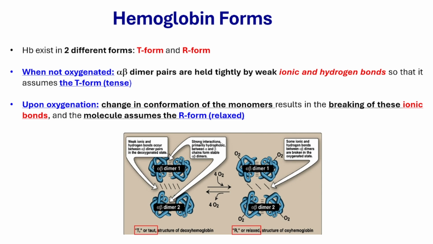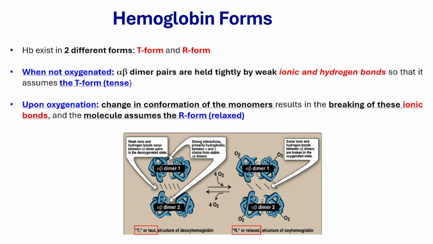Now, this molecule will bind the oxygen. What will happen? Some of these non-covalent bonds will be broken. So your hemoglobin passes from what we call deoxygenated to oxygenated hemoglobin. The deoxygenated hemoglobin we call the T form, and the oxygenated one we call the R form.